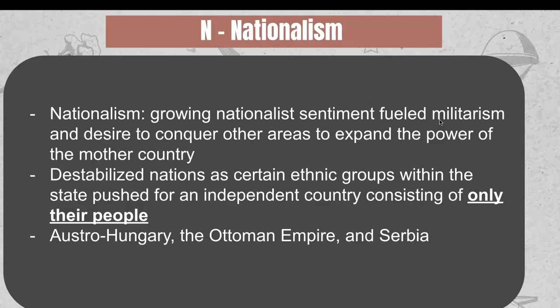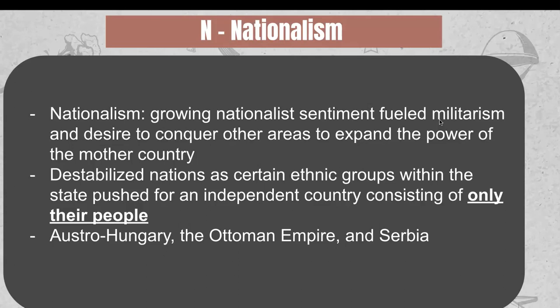And overall, this is just the expression of wanting to have more political power and control over others. This will be especially devastating to nations, or it will destabilize nations, because certain groups of people within states are going to push for an independent country consisting only of their people, of their ethnicity.